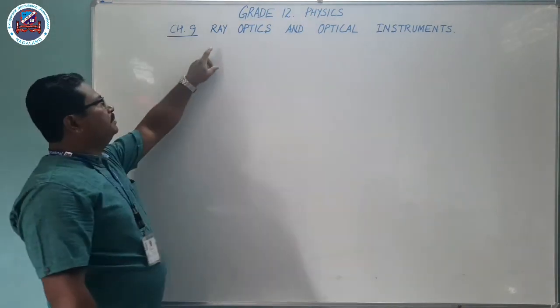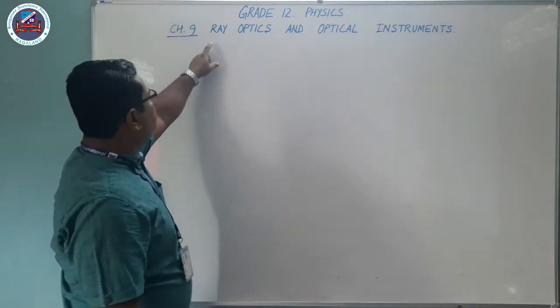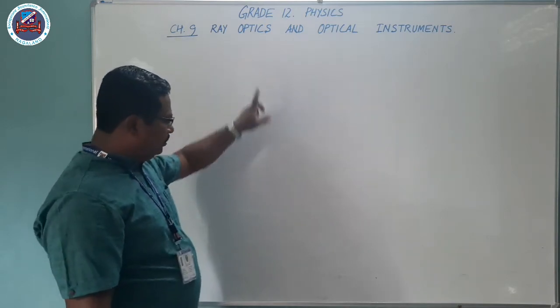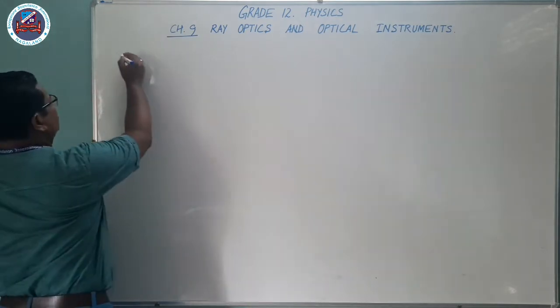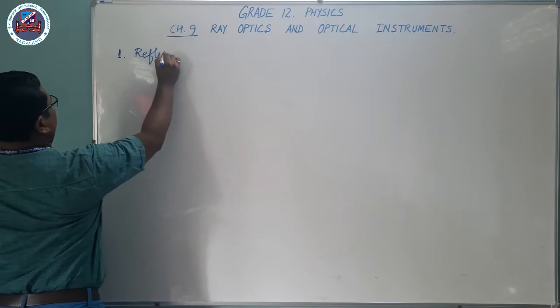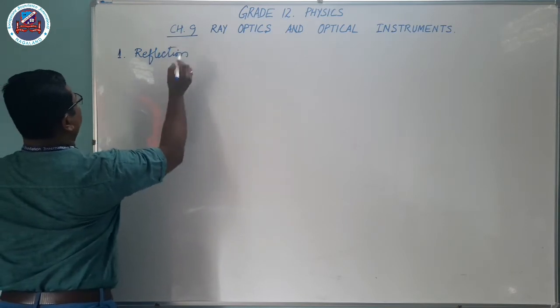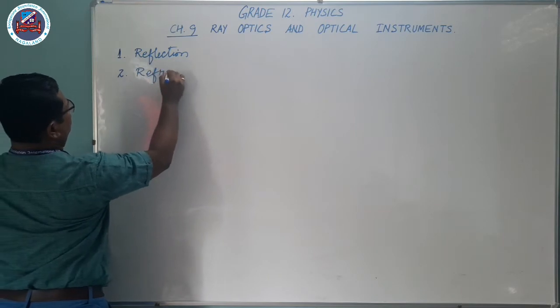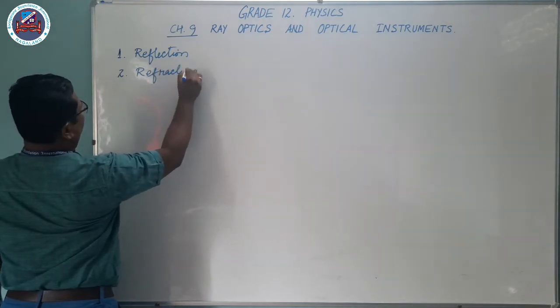In this chapter, that is ray optics, or we call it geometrical optics, we are going to study these few things. First is reflection of light. The second one you are going to study is refraction of light.